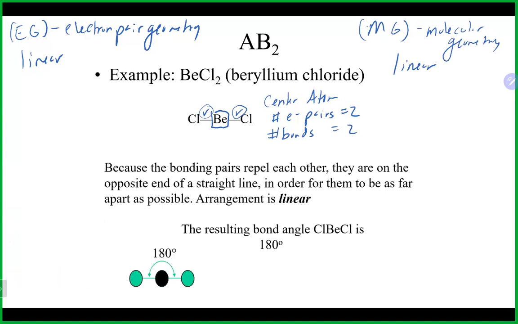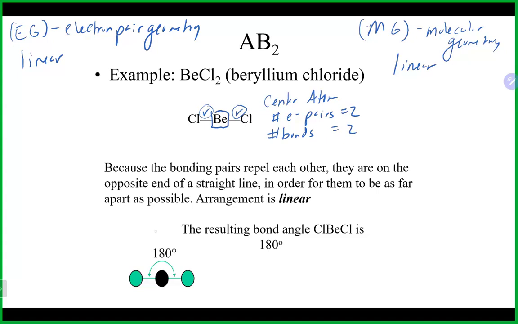And the reason for that is we only have bonding electrons here. So as those bonding electrons move, so does the atom that's attached to them. So as they go away from each other, the atom comes along for the ride, and the overall geometry matches the electron pair geometry, which describes how the electrons are arranged around the central atom, while the molecular geometry describes the overall shape of it as everybody moves away from one another.